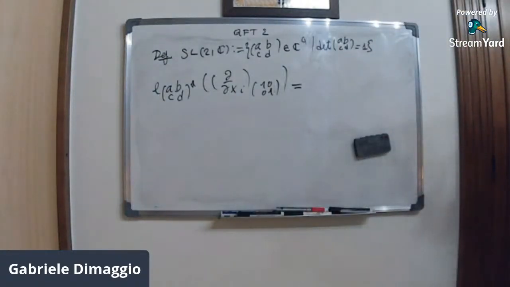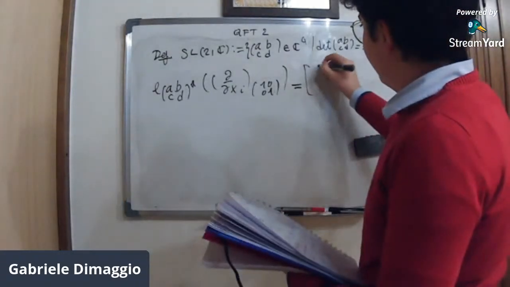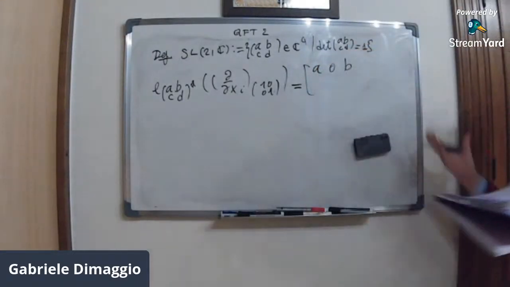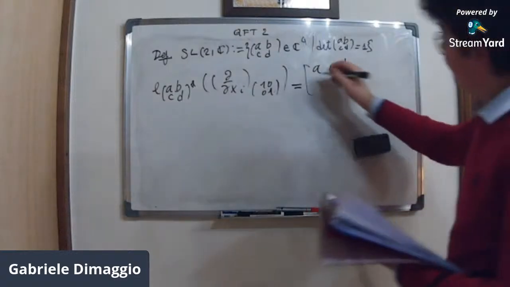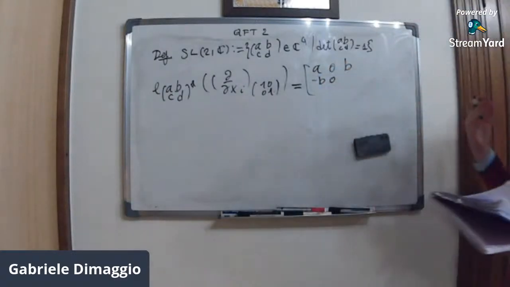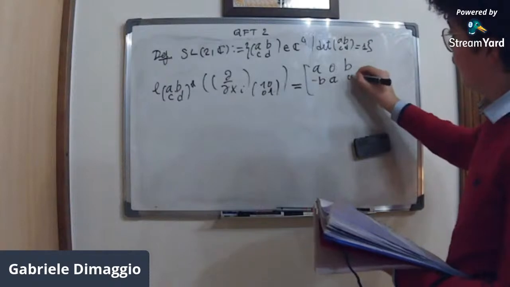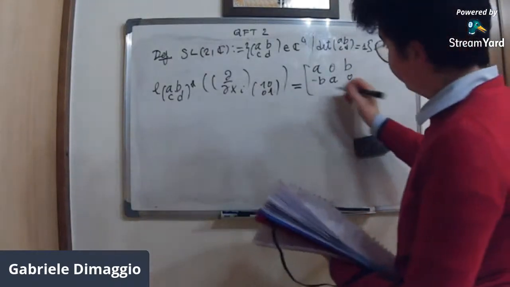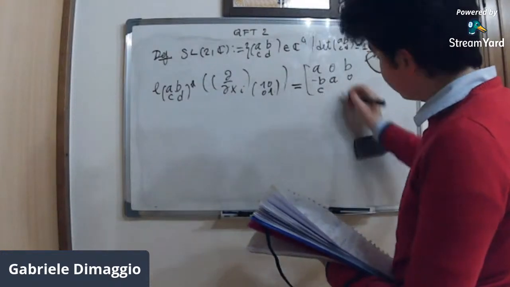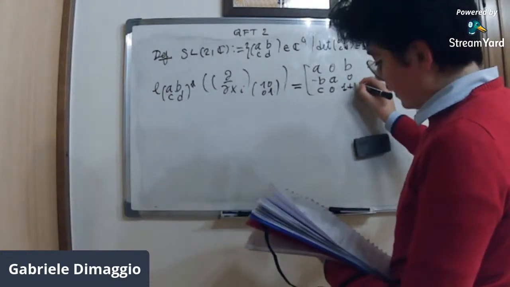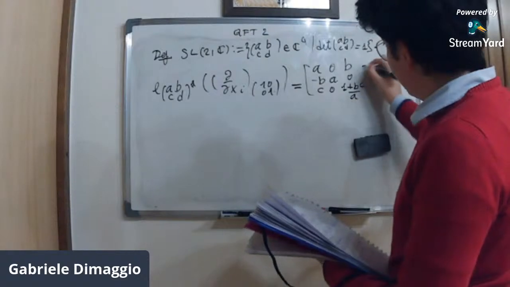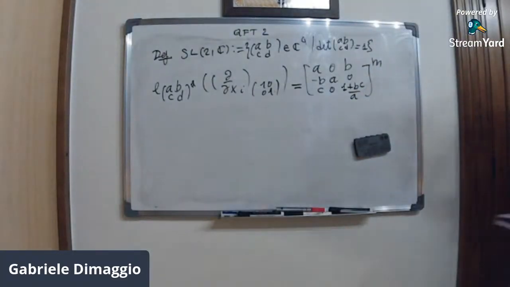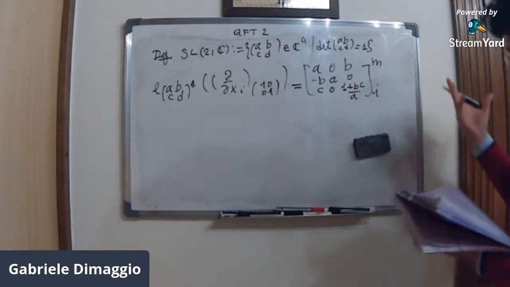This is equal to this A, okay, 0, B, minus B, 0, sorry, A, 0, C, 0, 1 plus BC over A. Now I'm going to explain this with some example.